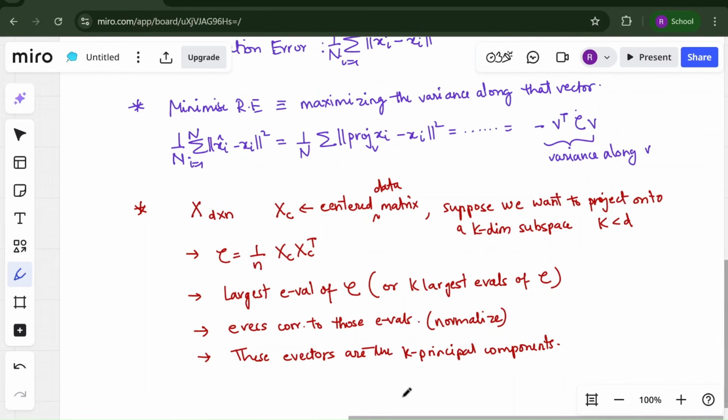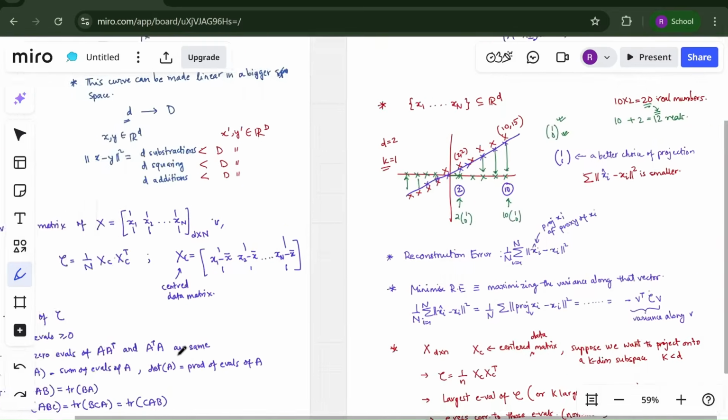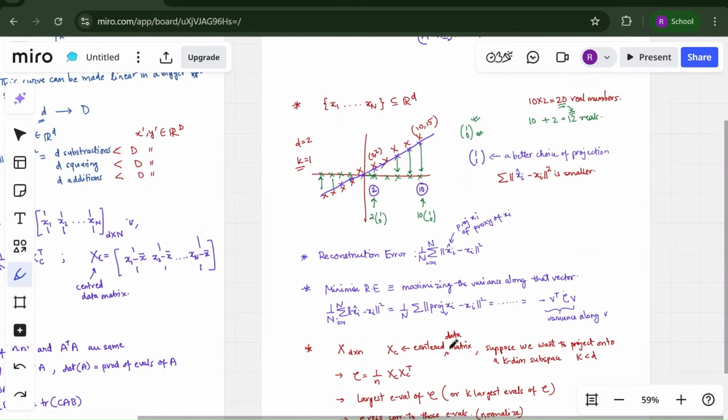What else do we have in PCA? Yeah, one quick thing... I think this is pretty much it on PCA. So that is more or less all about PCA.